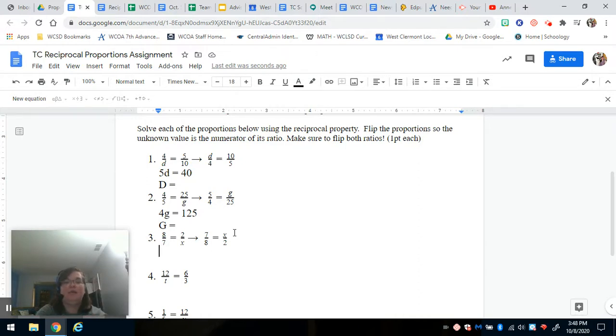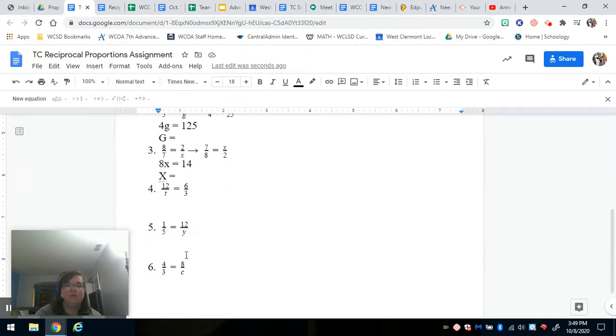So we're going to take 8 times x equals 14. To find out what x equals, we need to divide both sides by 8. So 8x divided by 8 gives us x, and then we're going to divide 14 by 8 to find our answer. All right, let's do another one.